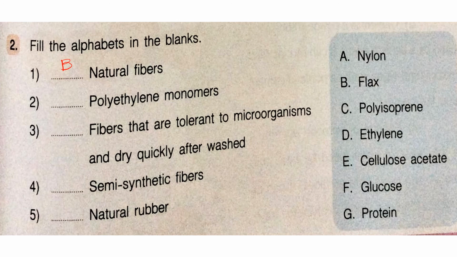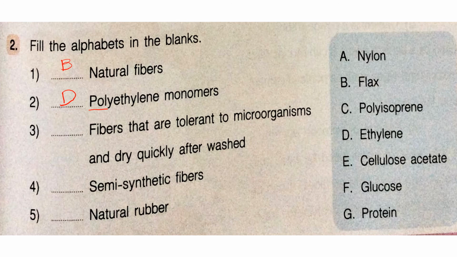Number two: you have your polyethylene monomers. We are looking for the simple form of your polyethylene. The word poly means many, so many ethylene. So we are looking for the monomer of polyethylene, which is the word ethylene, letter D.